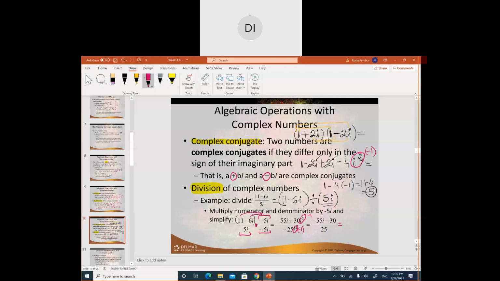I can split this fraction. I can write negative 55i and negative 30, and both of those are over 25, right? So you split the fraction: negative 55i over 25 minus 30 over 25.